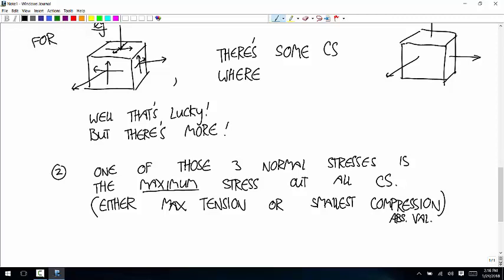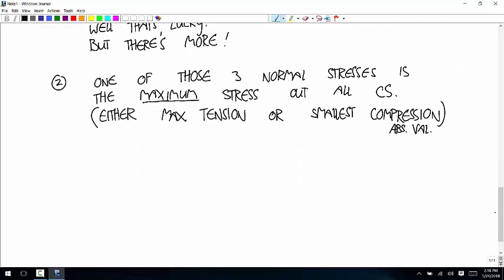I mean, there's infinitely many coordinate systems. It's impossible that that would happen. But that's how it is. Cool. Why is that? That's a good question. I'm not even going to try to answer that. I've probably seen a proof of why that is, but I wouldn't begin to know where to start.